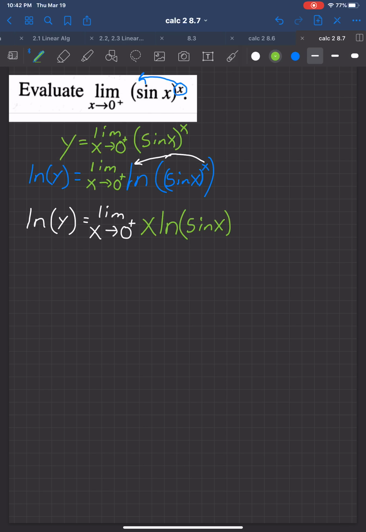If you were to try direct substitution right now, remember in the beginning it was 0 to the power of 0, and that's not the form we want for L'Hopital's rule.